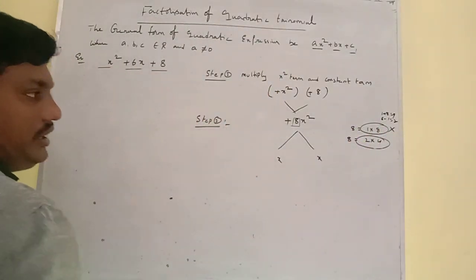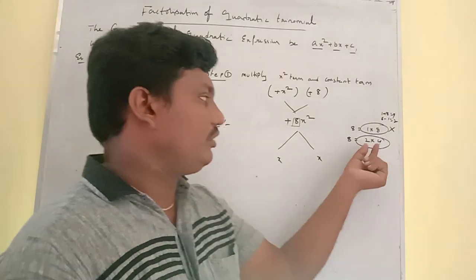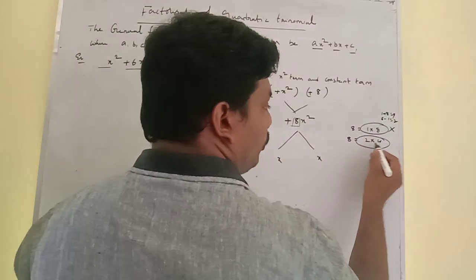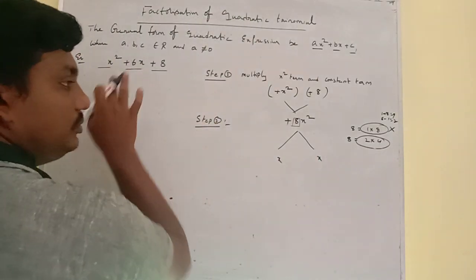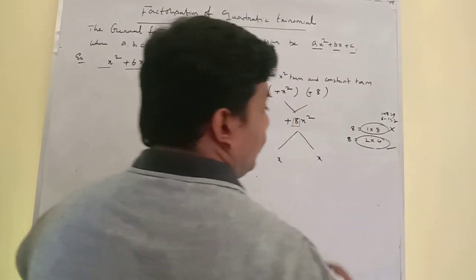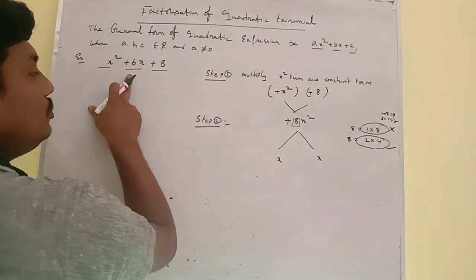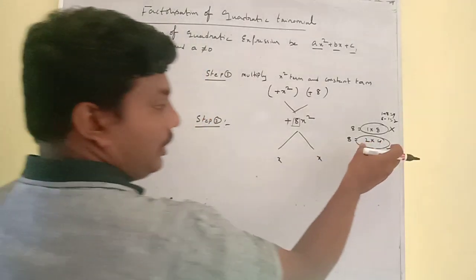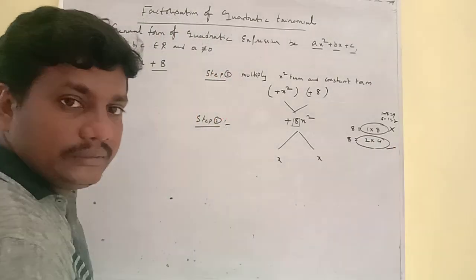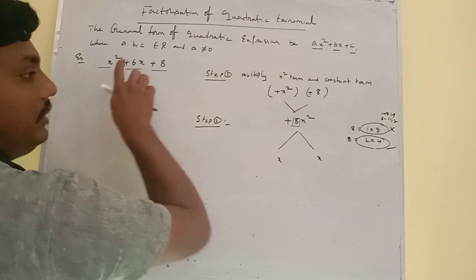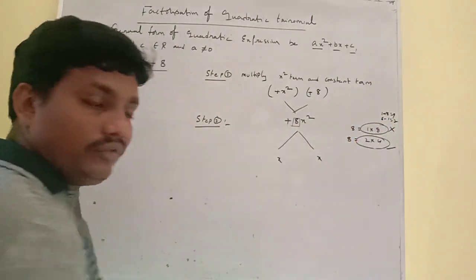Now take 2 and 4. The sum 2 plus 4 is 6. Yes, it is possible, so we take this one. The difference is 4 minus 2, which is 2. If it were 9 or 7, then we would consider the factors 1 and 8.